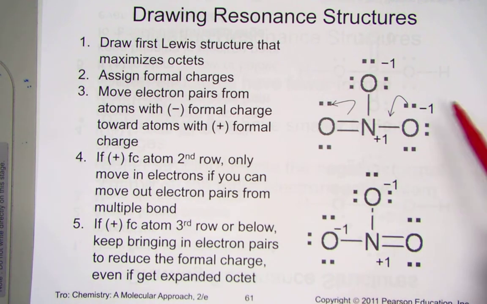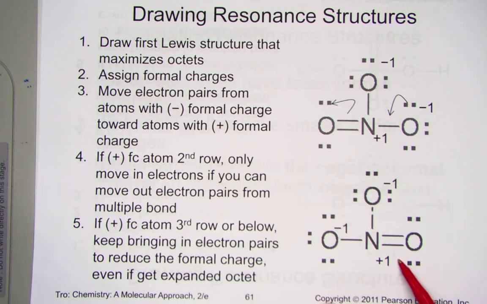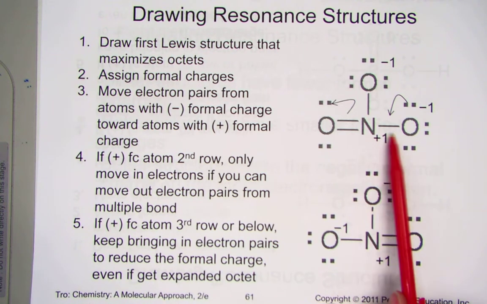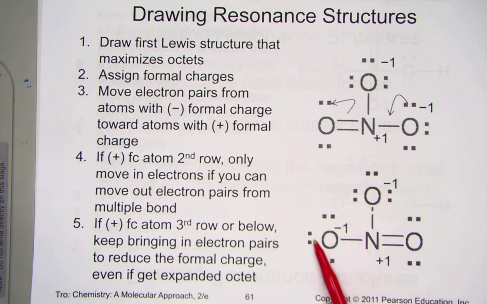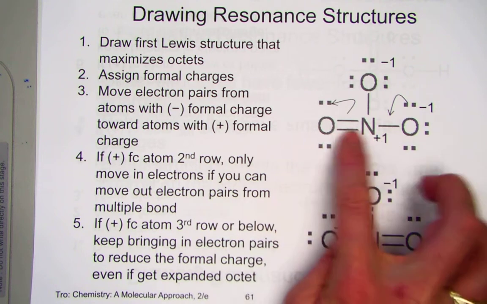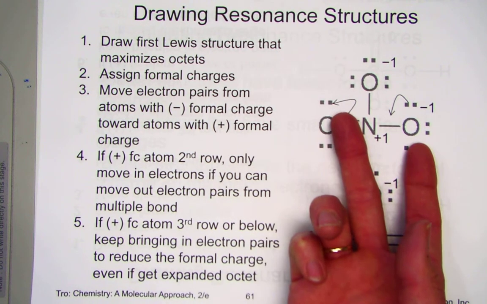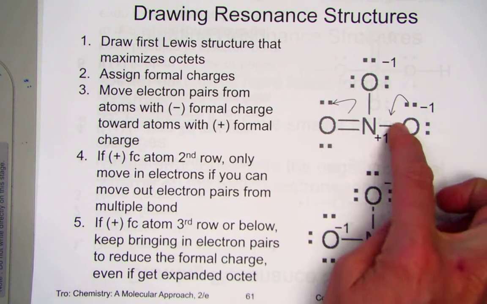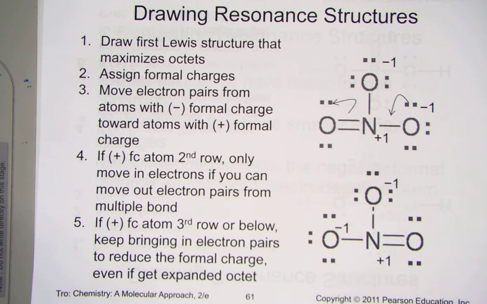The only difference between this model and this model is the location of the double bond. The location of the double bond moved from the left to the right. Formal charge stayed the same all around. Keep in mind, we did not just simply flip this molecule in 3 dimensions. We simply moved the location of a double bond.